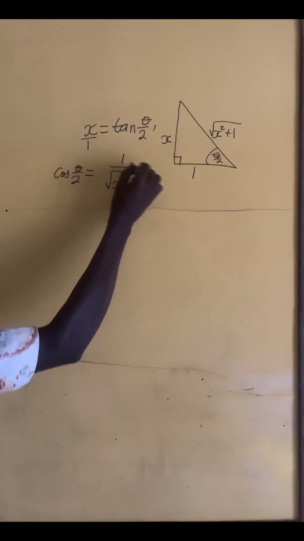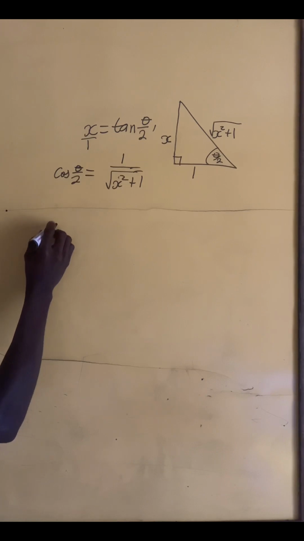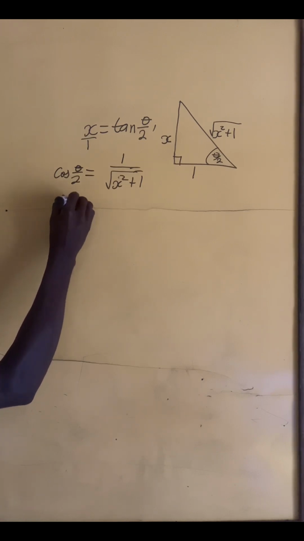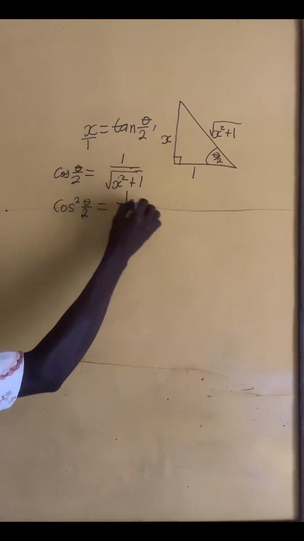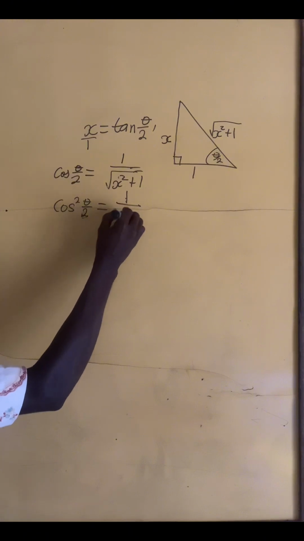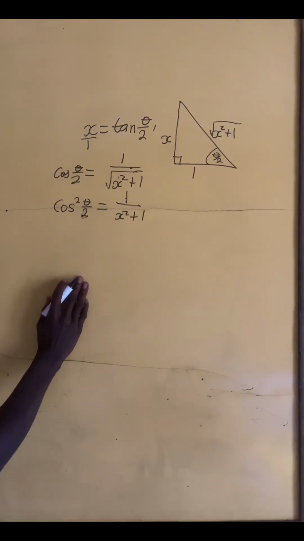If we square both sides, you're going to get cosine squared of theta on 2 equals 1 squared is 1, and if we square this, you get x squared plus 1.